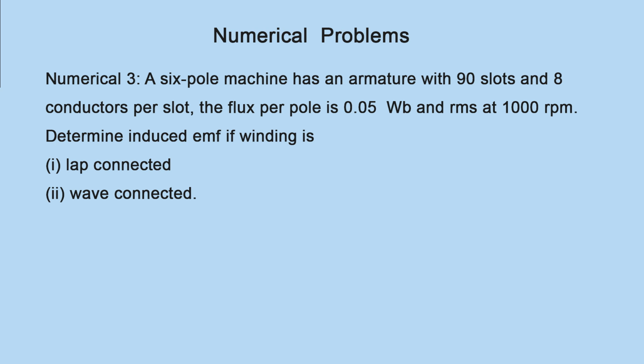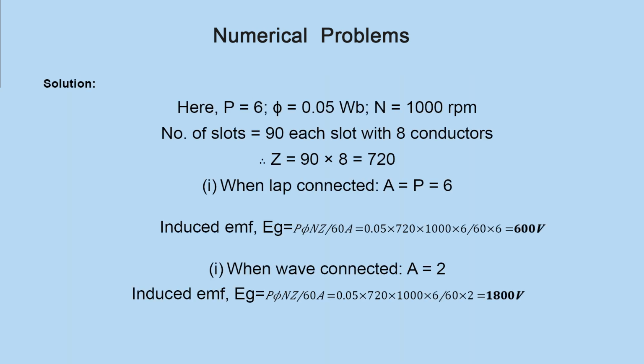Here P is equal to 6, phi is equal to 0.05 Weber, N is equal to 1000 RPM, and the number of slots is 90, each slot with 8 conductors, which means Z is equal to 90 into 8, which is 720, the total number of conductors. Put those values in the first case, when A is equal to P, which is equal to 6.